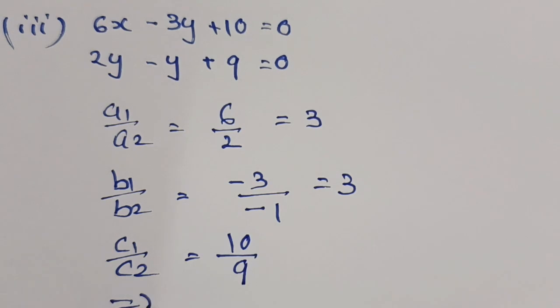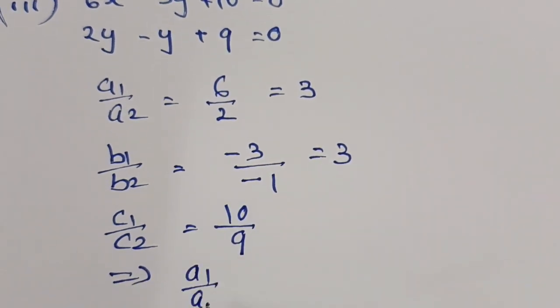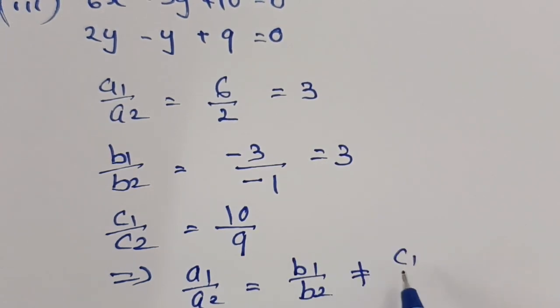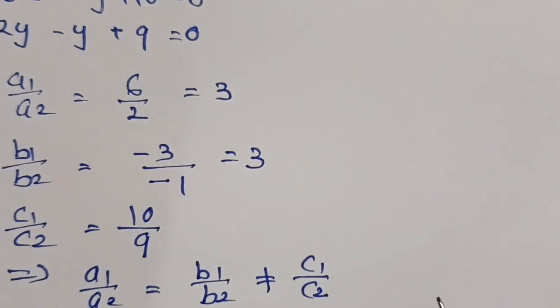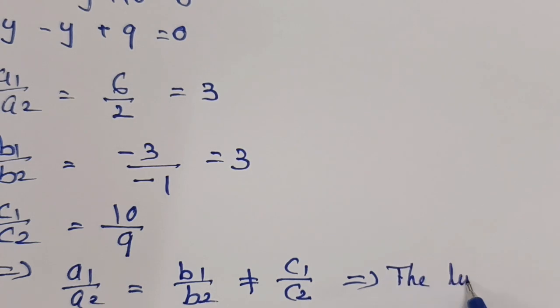That implies a1 by a2 equal to b1 by b2 but not equal to c1 by c2. If a1 by a2 equals b1 by b2 not equal to c1 by c2, then the lines are parallel, isn't it? The lines are parallel.